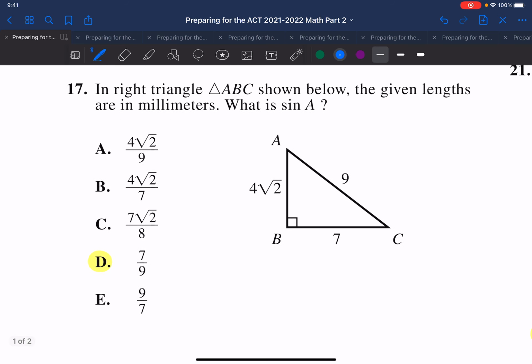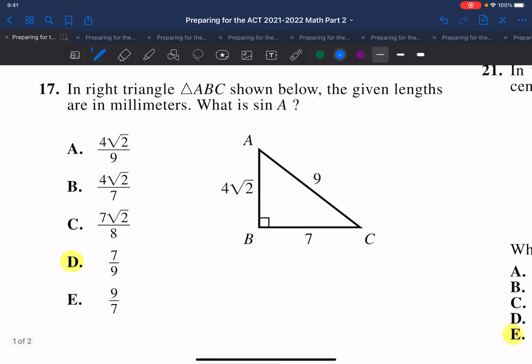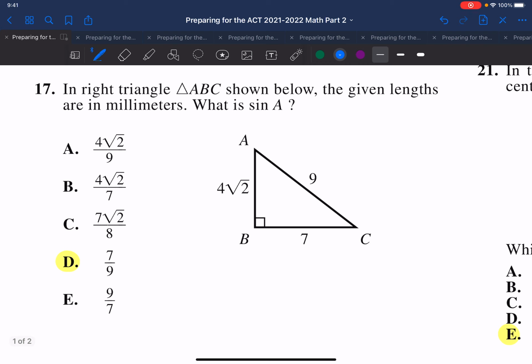Number 17. In the right triangle ABC shown below, the given lengths are in millimeters. What is sine of A? Now, sine is one of the 3 trig ratios that you first learn in geometry. And the mnemonic device that you often use is SOH CAH TOA.